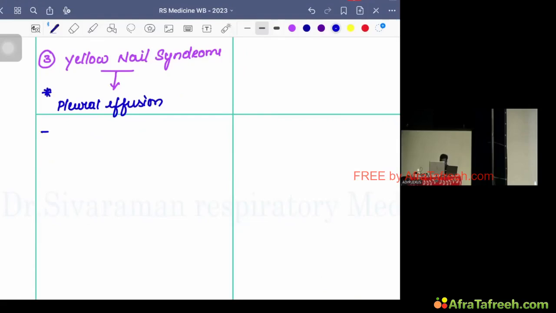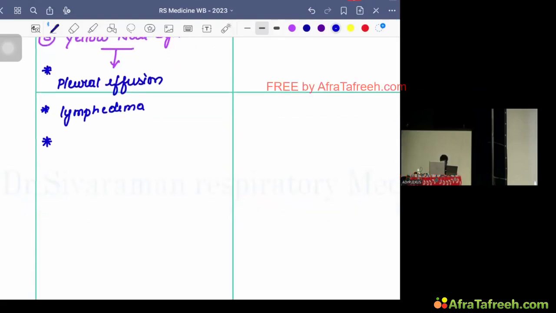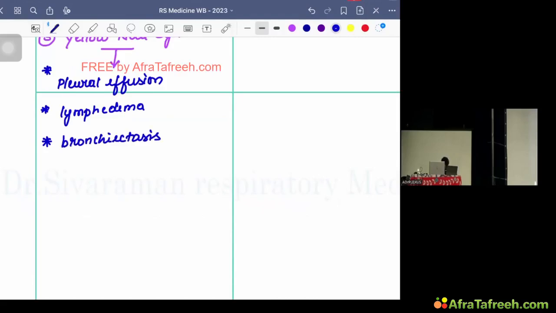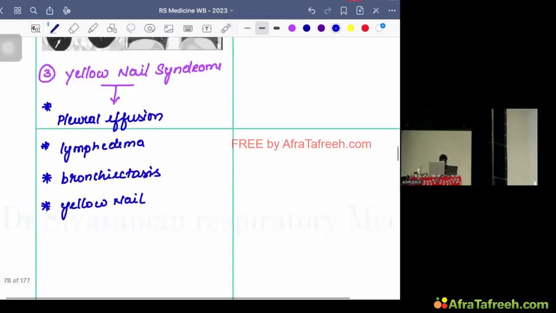Pleural effusion is present, lymphedema is present. So the patient is going to have both upper limb edema and pedal edema, but it is a non-pitting edema because of lymphedema, and the patient is also going to have bronchiectasis, and the patient is also going to have yellow nails. So this is going to be a constellation of events called yellow nail syndrome.